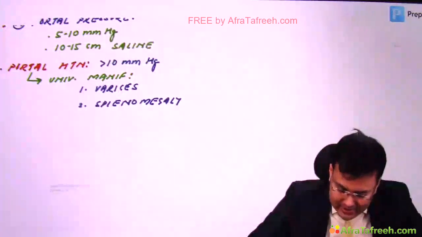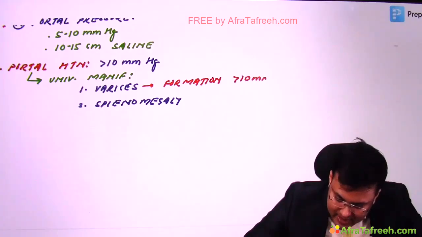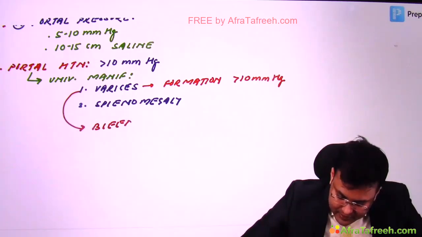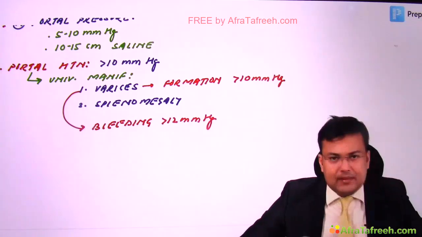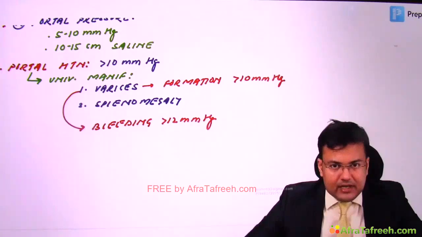So variceal formation begins when the pressure is more than 10 mmHg, and variceal bleeding is seen when the pressure is more than 12 mmHg. So read the question carefully because both of these questions are asked frequently.